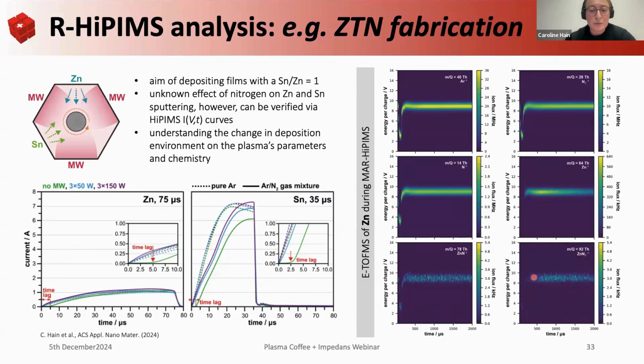Another interesting piece of information that we gain from the TOF-MS, looking at the ionic flux and the energy per charge, is this. This would be the time frame of our HiPIMS pulse, and then this is with the microwave plasma on. Most of the ions come in within a small range, around 2 volts energy per charge.